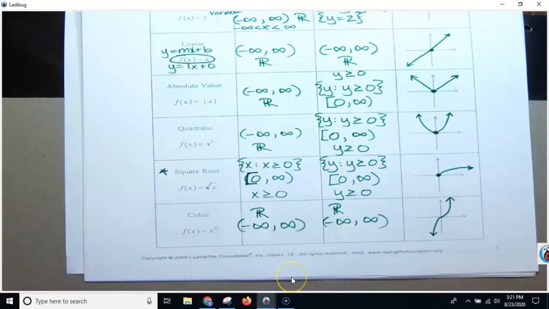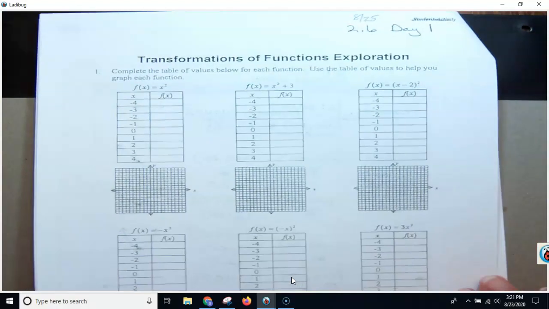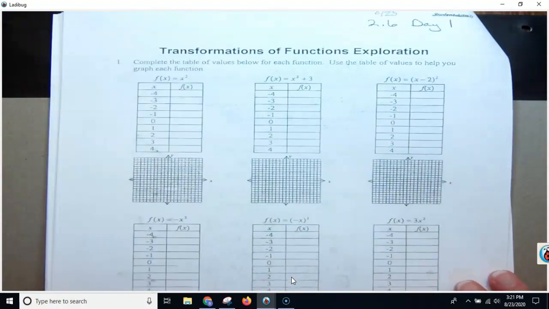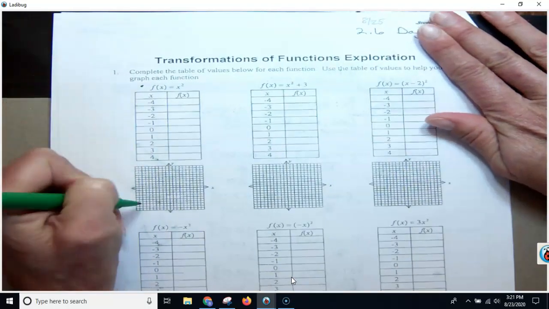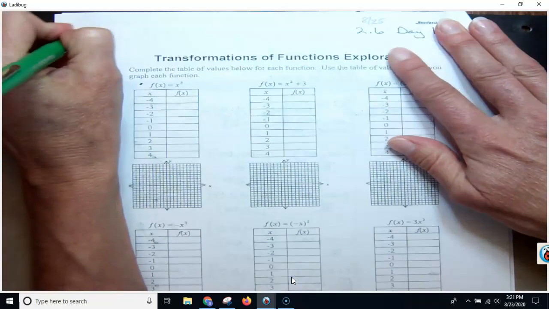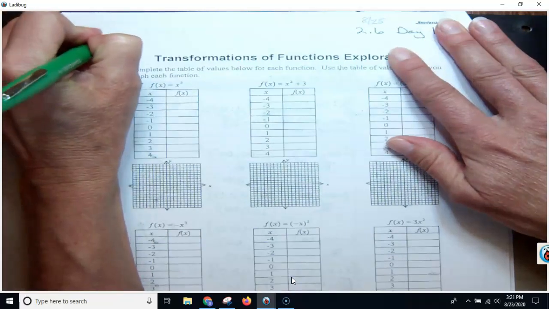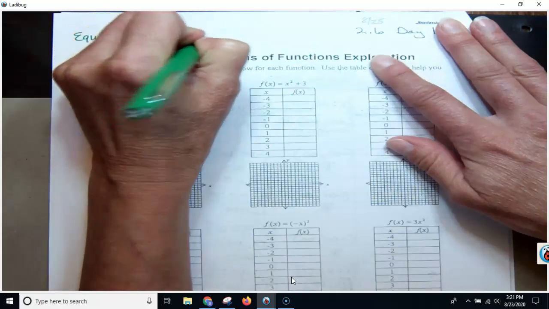All right, so here's where the fun really begins. If you flip your page, you'll notice that here we've got some functions exploration. We've got an equation here, we've got a table here, and we've got a graph here. And so the goal is basically to go from the equation to the table to the graph.